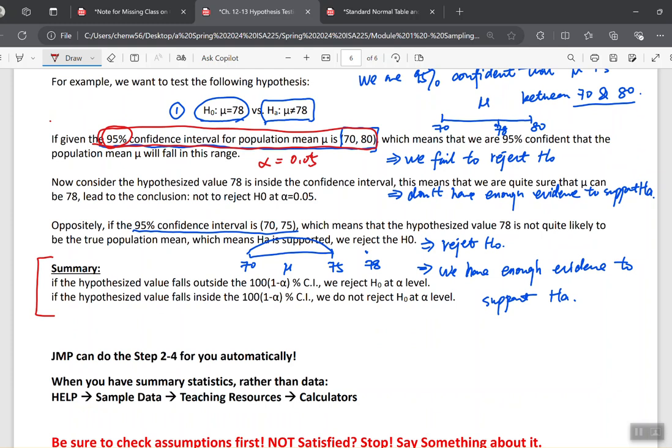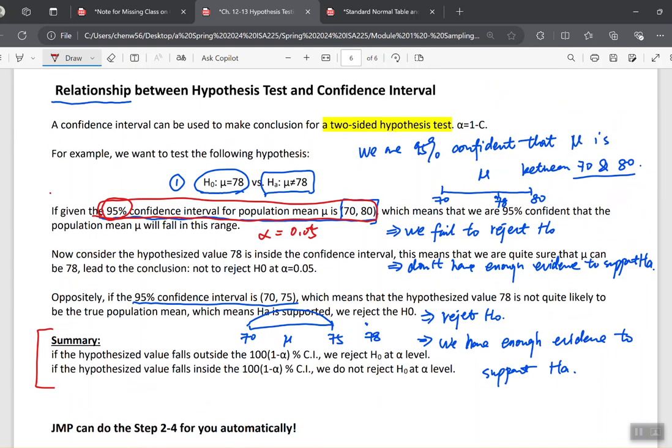The other way, if your hypothesized value falls inside of your confidence interval, then we do not reject the null hypothesis. All right, I don't want you to remember or memorize this, right? You have already memorized a lot of rules. I don't want to give you 2 more, but I want you to understand the whole idea here and think about it by yourselves.